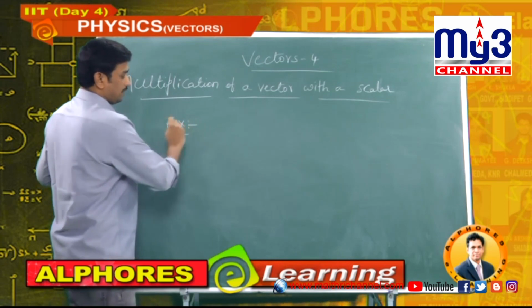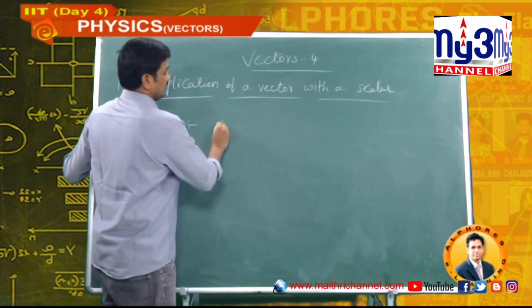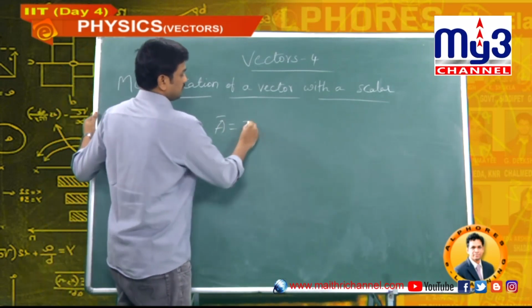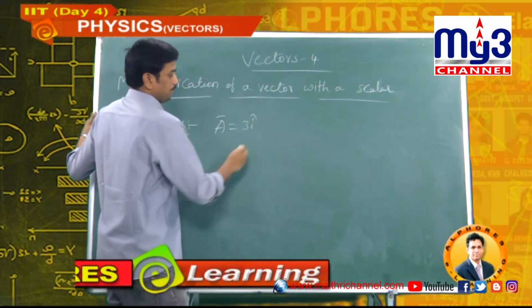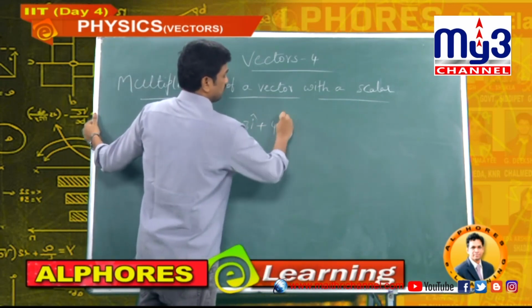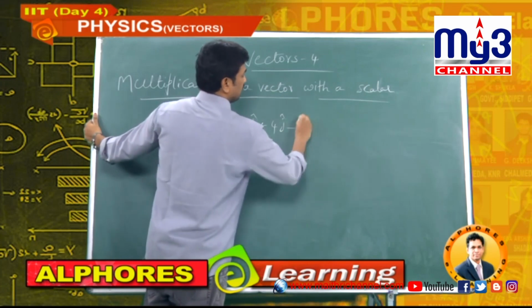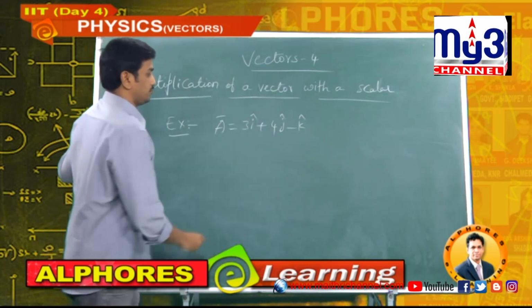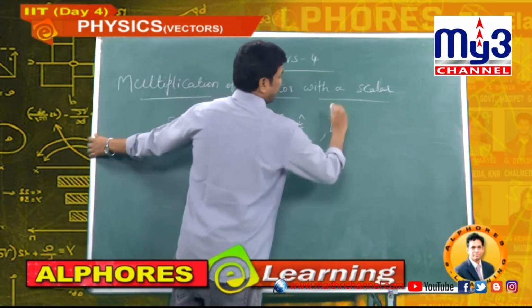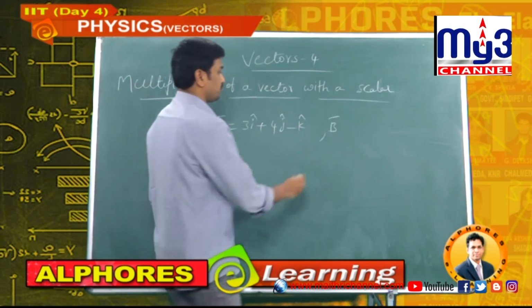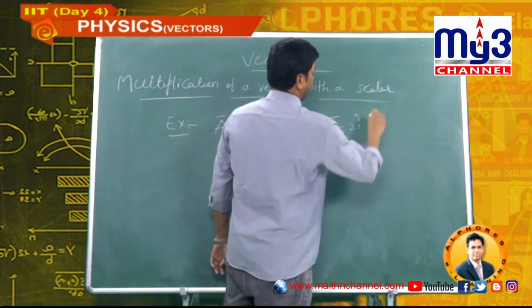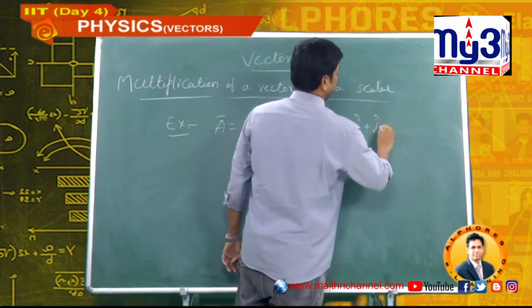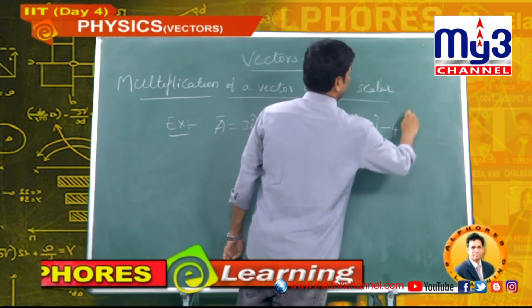One more example. a bar is equal to 3 i cap plus 4 j cap minus k cap. b bar is equal to 2 i cap plus j cap minus 4k cap.